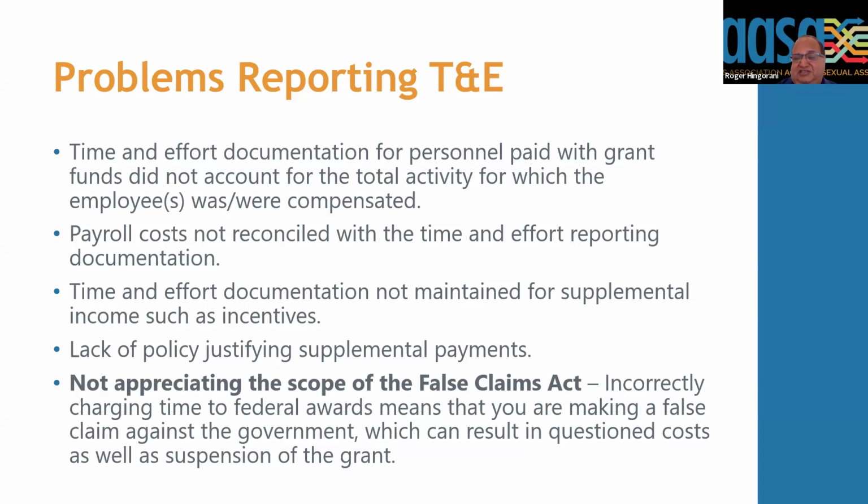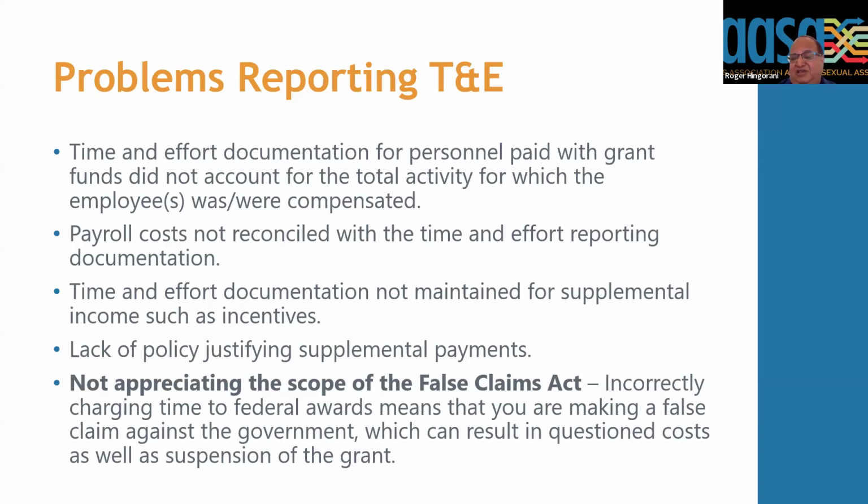Not appreciating the scope of the False Claims Act. Incorrectly charging time to a federal award means that you are making a false claim against the government, which can result in a questioned cost as well as the suspension of the grant. Now, this is on the really extreme end, but it has happened where the federal government has gone after the grantees or subrecipients and claimed, hey, you incorrectly charged us this money.